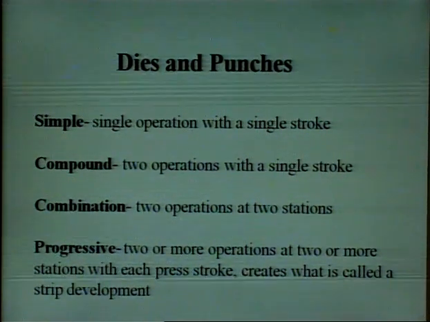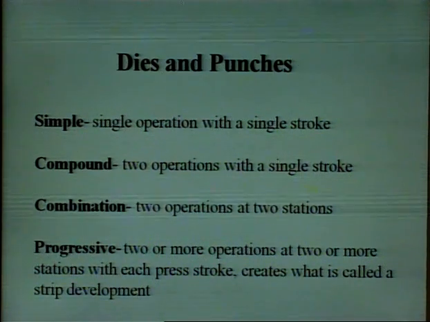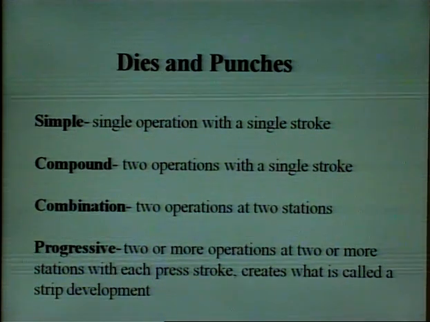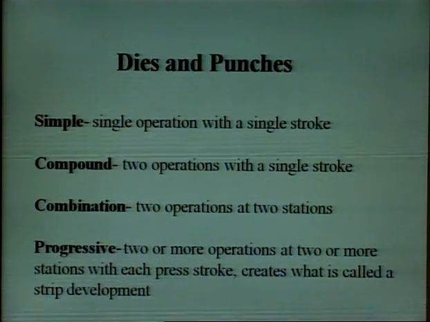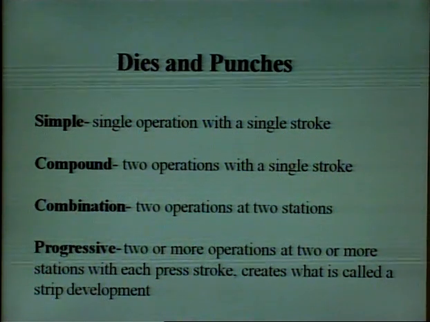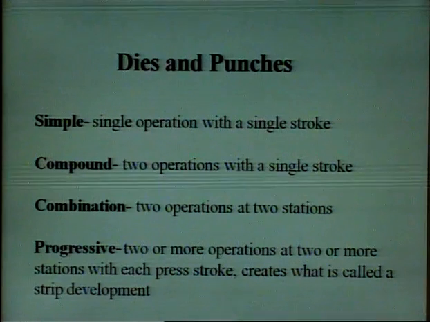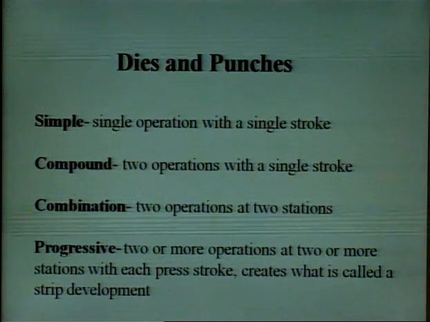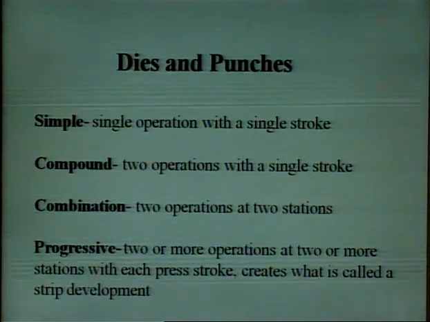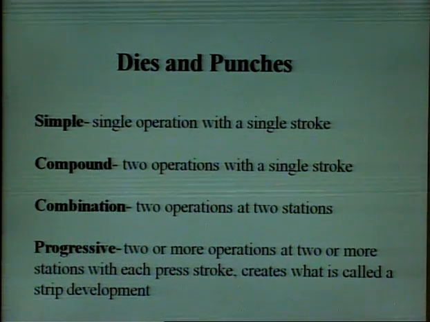Now, there are different types of dies which we use in metal forming or press working. Simple single operation with a single stroke, that means like we have a punching operation, blanking operation. Compound die: it is not always required, or not always advisable, that you will have only one operation in one stroke.